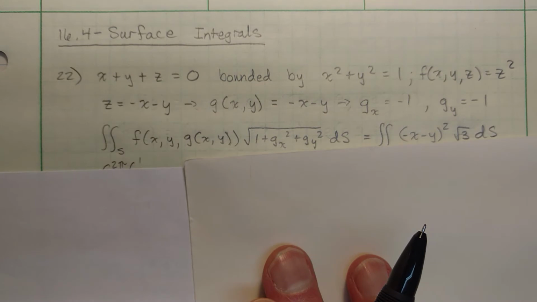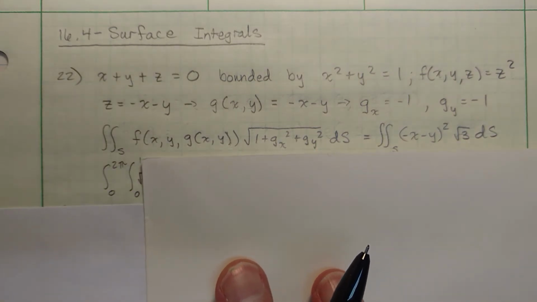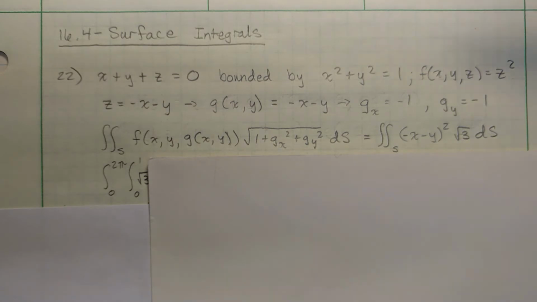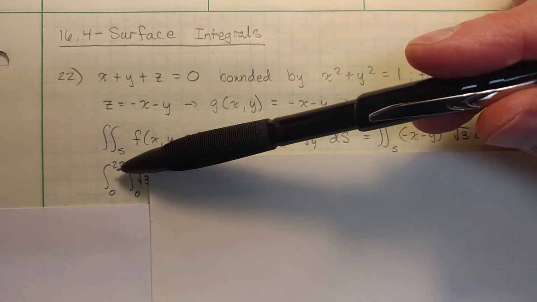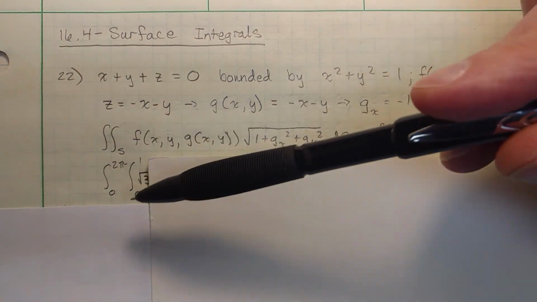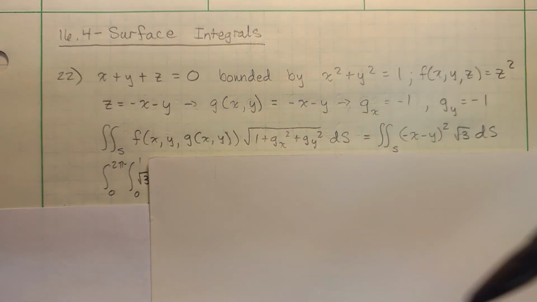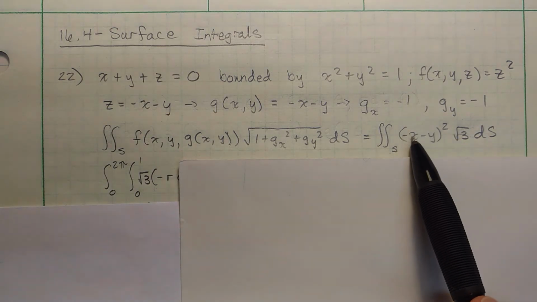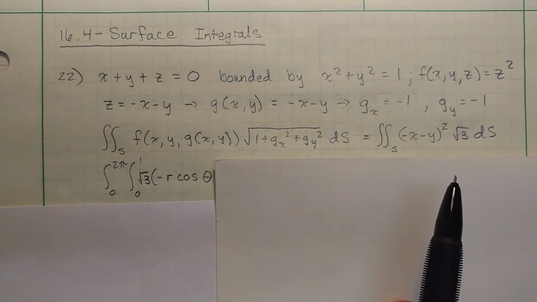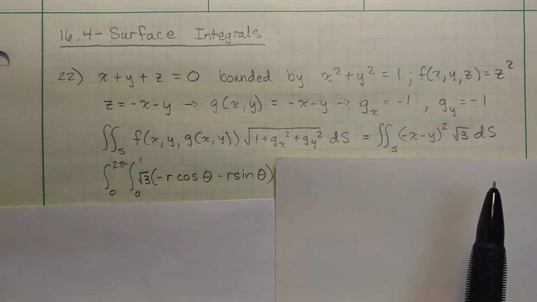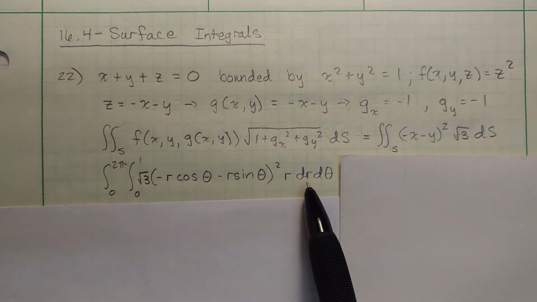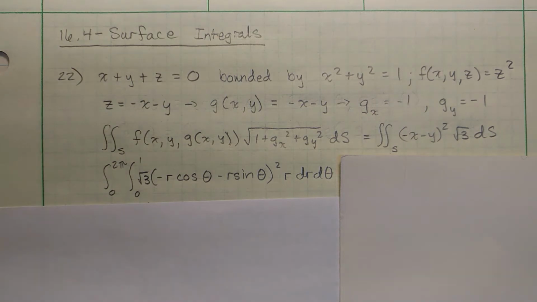Changing to polar coordinates, the boundaries for that cylinder are where theta goes from 0 to 2 pi, which produces the whole cylinder, and r goes from 0 to 1. And then notice what I've got: this radical 3, and I will re-express this with x as r cosine theta and y as r sine theta, square that, and add my r and then my dr d theta as I change the two variables.